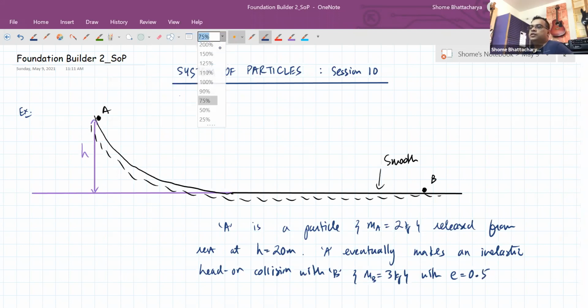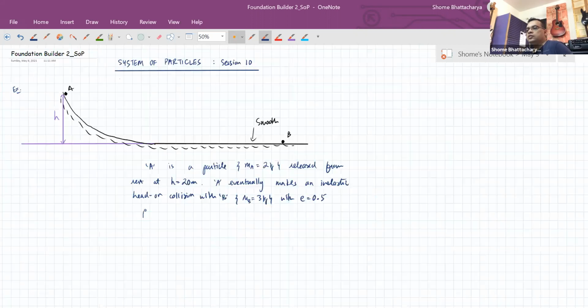So we have to find B's speed just after impact.